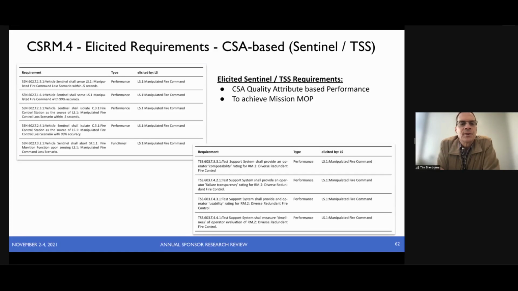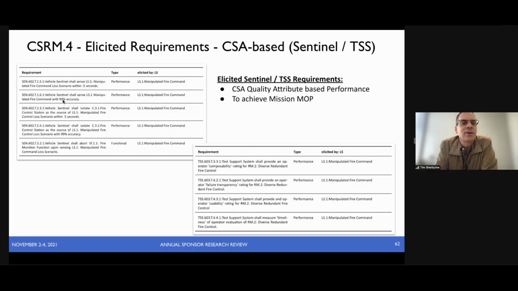In terms of performance requirements here, I got just a few examples of the CSA quality attributes. So for example here, we talk about the trees for sensing and isolation. Again, these are performance requirements for the Sentinel here. But how quickly does the sensing need to happen?